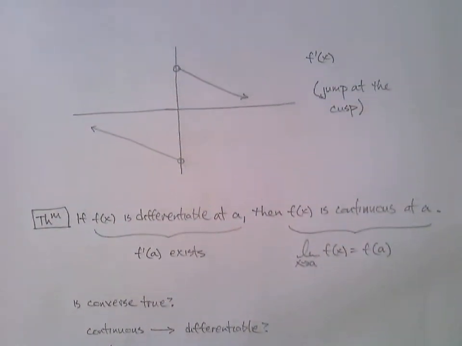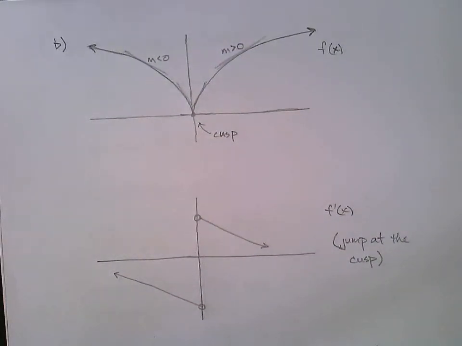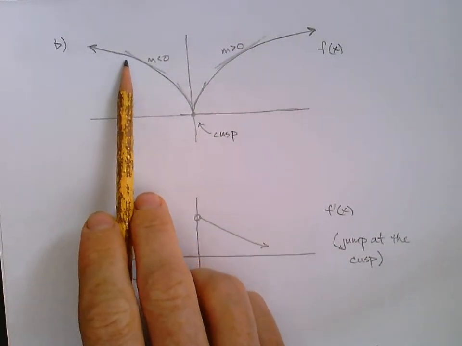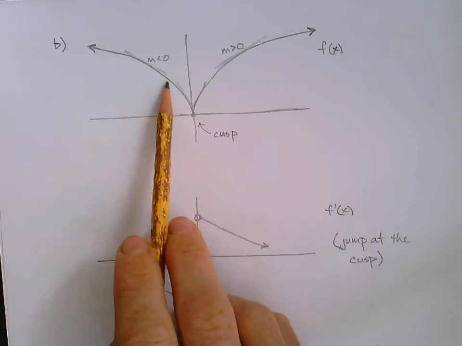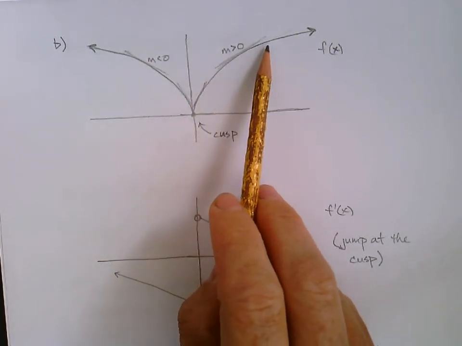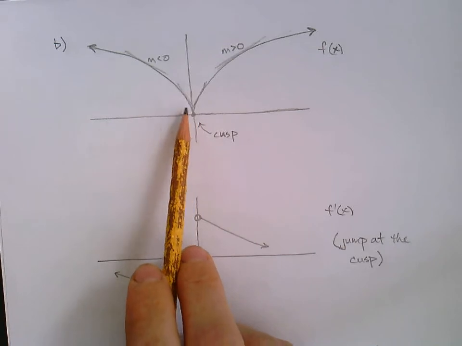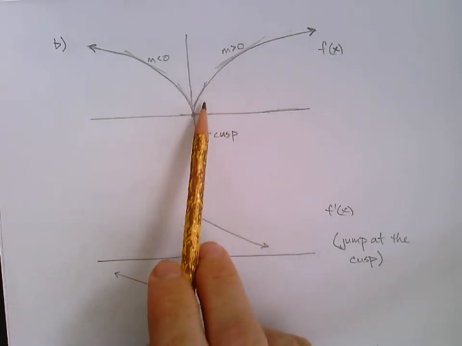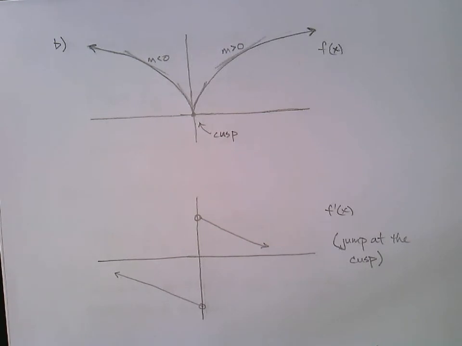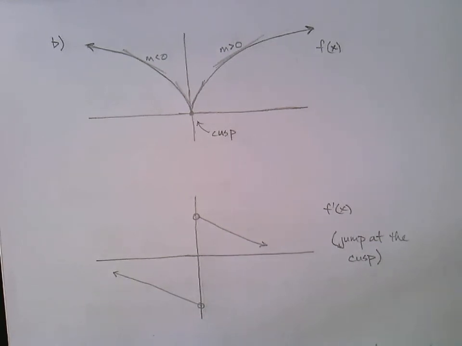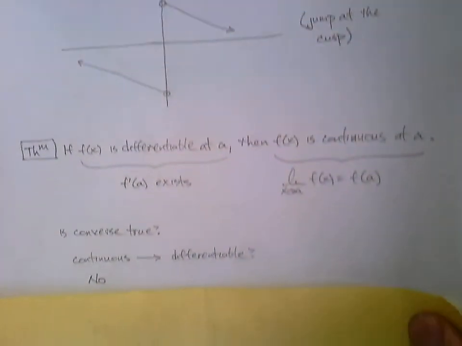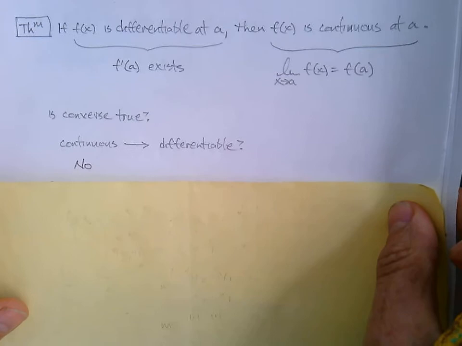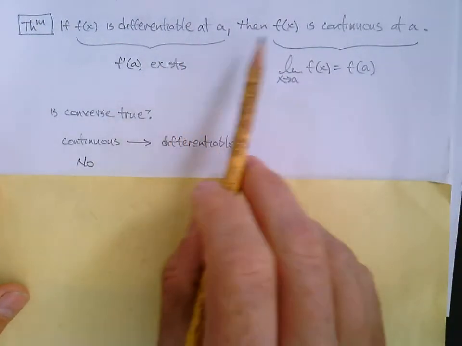Let's look, right? So here, f of x is continuous, no problem. There's no hole, no jump, no asymptote, but there happens to be this sharp corner. It is continuous, but we got that edge right there. And so the derivative did not exist. So being continuous does not necessarily mean differentiable, although it does have to work the other way.